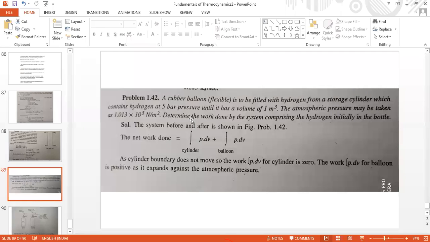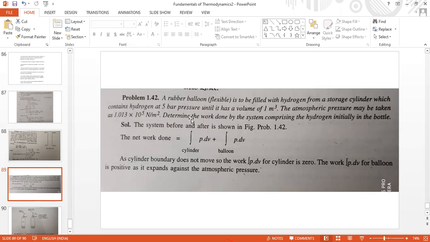Initially the balloon volume is 0, it is flat and it has to be filled with this hydrogen until it occupies a volume of 1 meter cube. Because the rubber balloon is flexible, when hydrogen enters, it expands by virtue of the property of rubber until the volume inside is 1 meter cube.